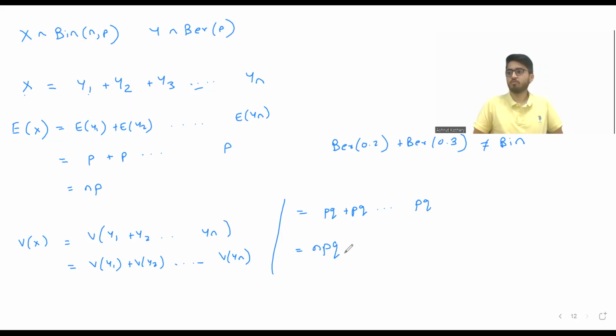Take one task as homework. Try to find expectation of x square for binomial distribution using first principle.